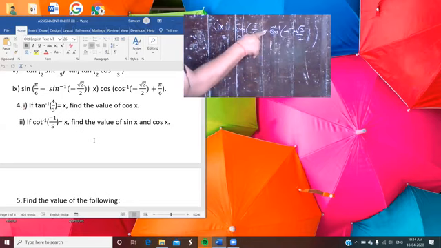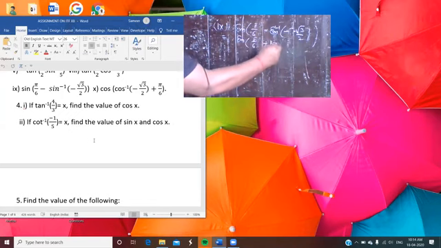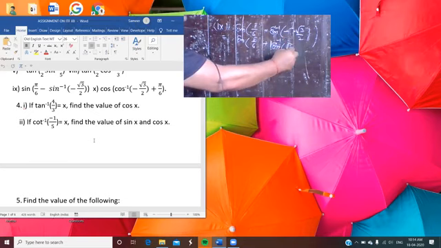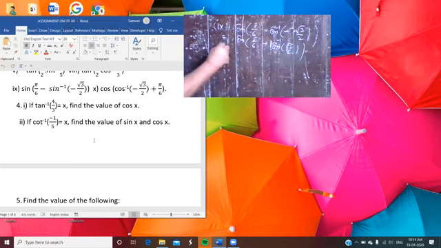Here you already have a minus, so it becomes positive. So that is plus sine inverse root 3 by 2. So here you have sine of pi by 6 plus sine inverse root 3 by 2.